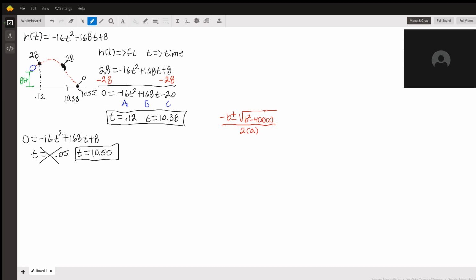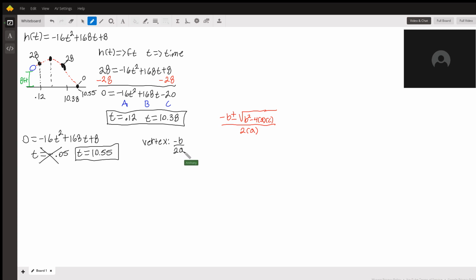So now the third question: when will the object reach the maximum height? The maximum height will be the vertex, the highest point of this function, which will be right here. And to be able to find that, we will use the vertex formula, which is negative b over 2a.